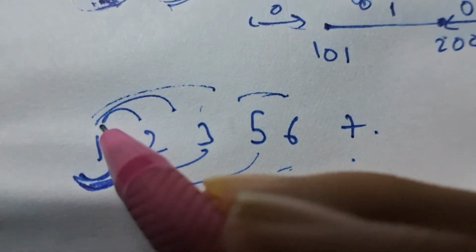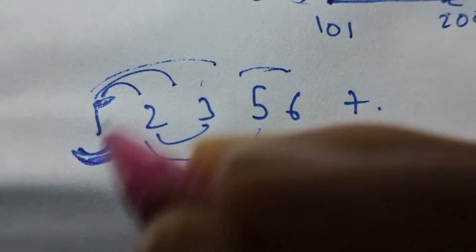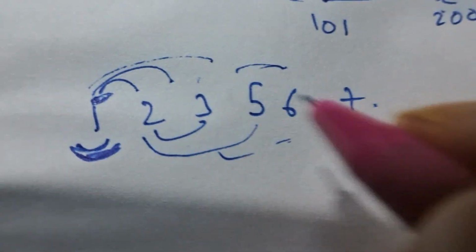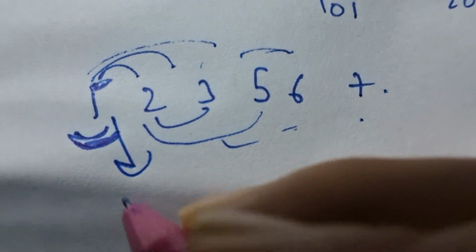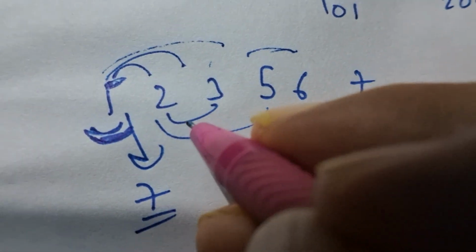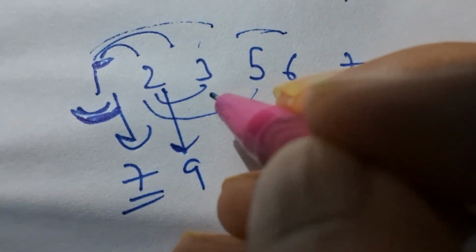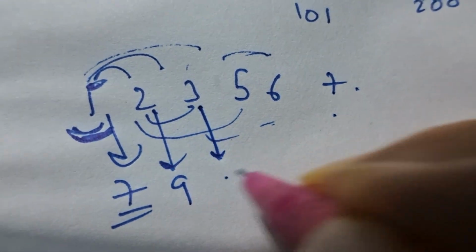For all the line segments that start from 1, there is a point 1 in it, but any other line segments which don't start from 1 won't have it. So 1 will be present in 7 line segments, the point 2 will be present in 9 line segments, and for the point 3 you can go on doing this.